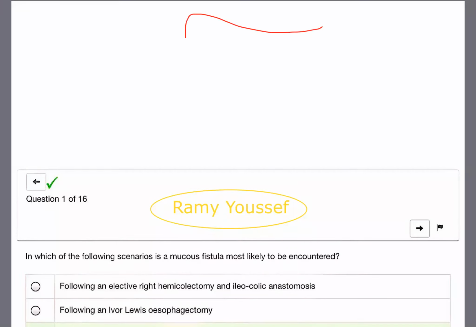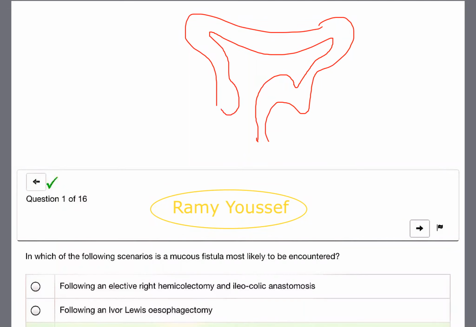This is the colon, and this is the ileum. Subtotal colectomy: we are removing most of the colon, leaving part of the sigmoid or the rectum, and we are removing all of this.